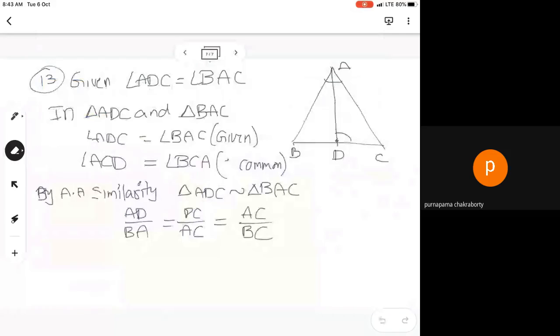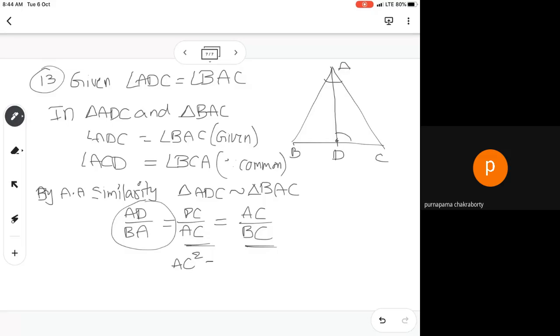CA is in AC by BC and DC by AC, so the first ratio is not necessary here. Taking these two ratios, AC into AC equals DC into BC. So CA square is equal to DC into BC.